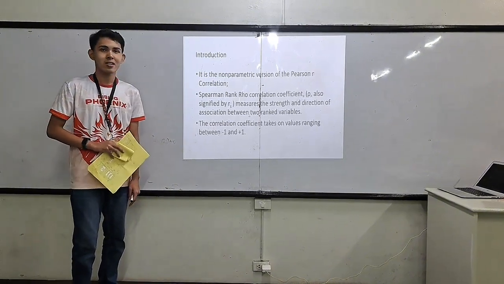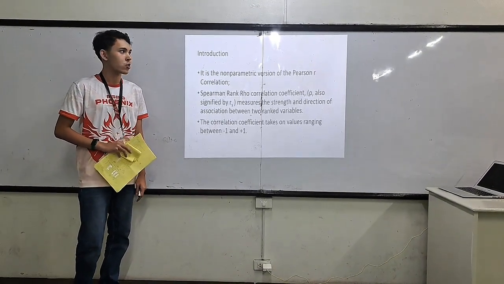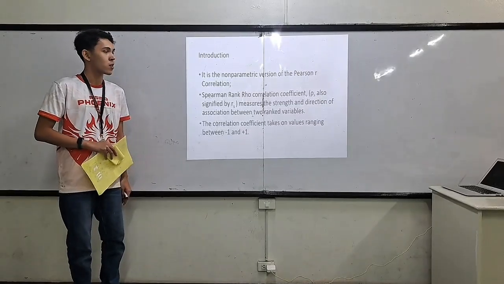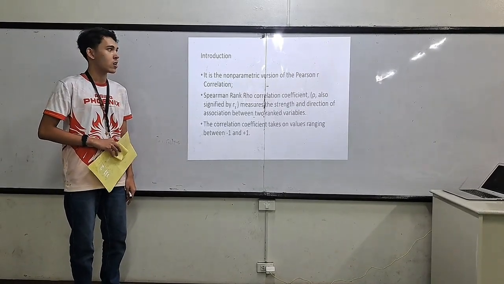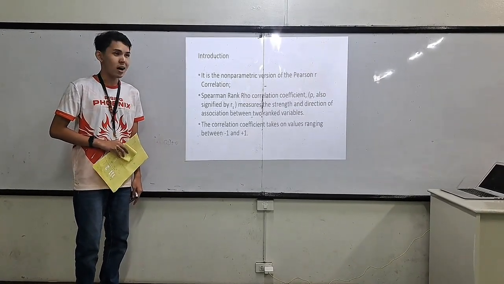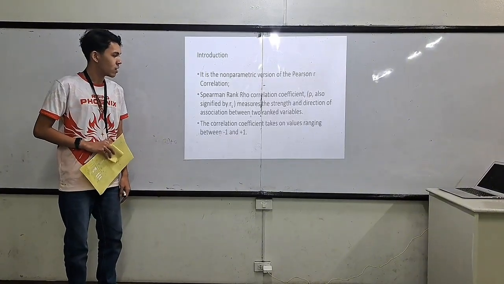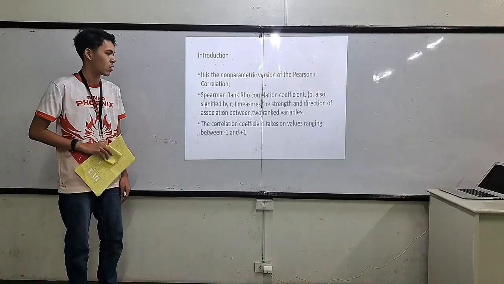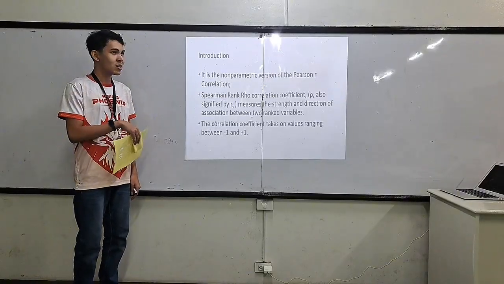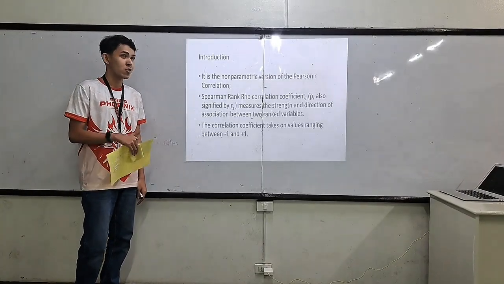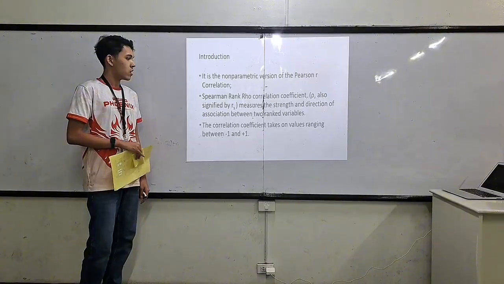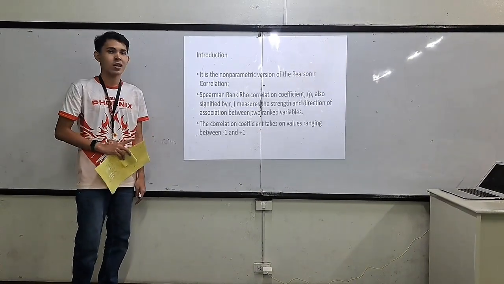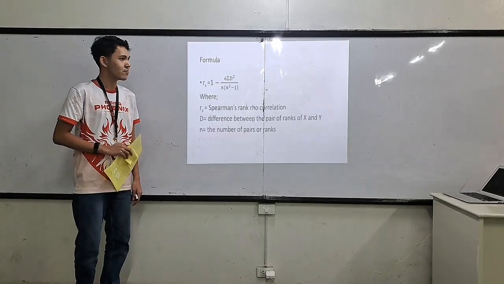Unlike in the Pearson r correlation where we compare raw values, in the Spearman rank correlation, it compares ranks. And finally, the correlation coefficient takes on values ranging between -1 and 1. So when getting the Spearman rank correlation value, the final answer should be within -1 and +1 only.